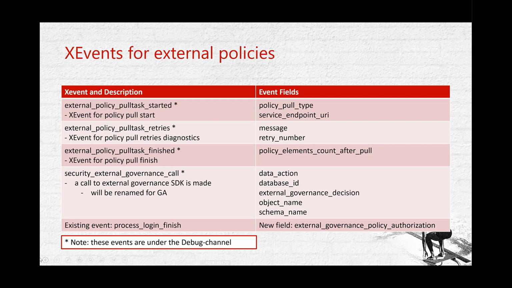Okay. Then if you want to do some over-the-time tracing of what happened during your policy workflow, so if you create a new policy in Purview, when is it being downloaded, has there been an issue, or even have they been applied or used for any decisions inside the permission evaluation process, then we have a bunch of new extended events.